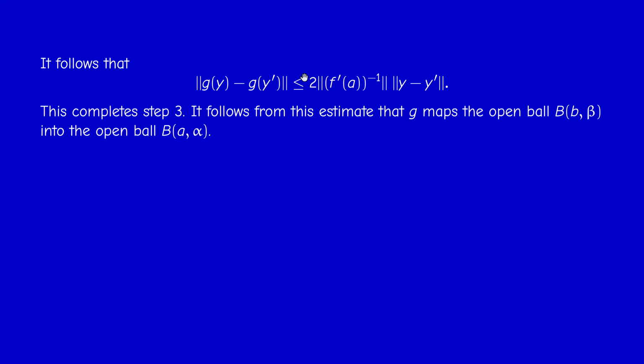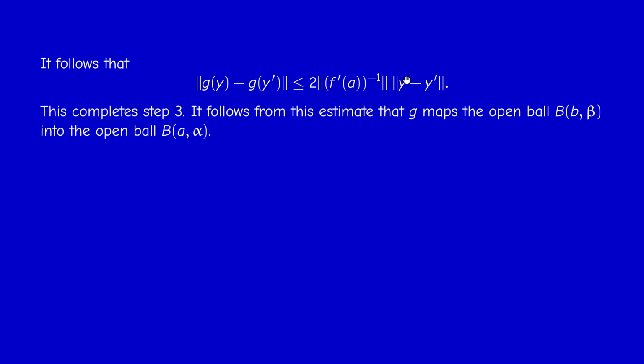Okay, so this proves that g is a contraction, not a contraction, it's Lipschitz continuous with constant 2 times the norm of f prime of a inverse. And this is important actually, because this estimate tells me that if I replace y prime by b, I get the norm of g of y minus a, since g of b is a, is less than this constant times beta, and this is alpha.